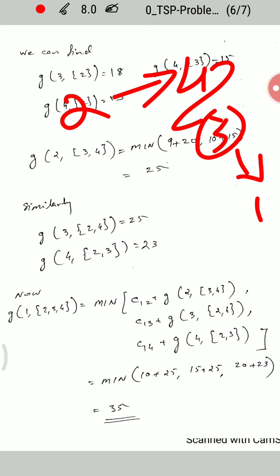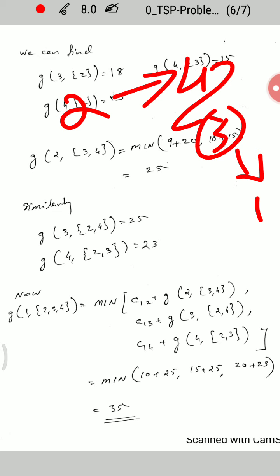Then you are calculating the first function, and in the same way you are calculating G(3,{2,4}) and G(4,{2,3}). G(3,{2,4}) is 25 and G(4,{2,3}) is 23.